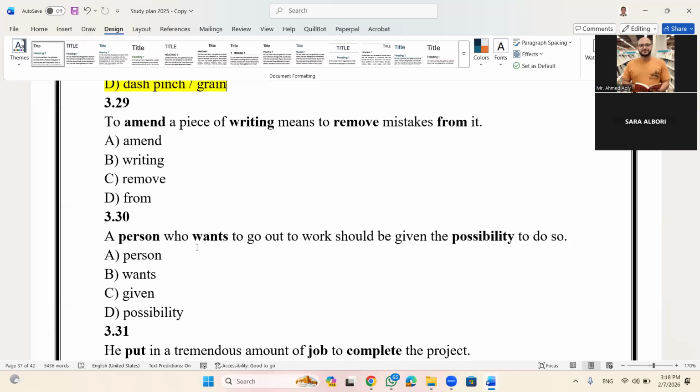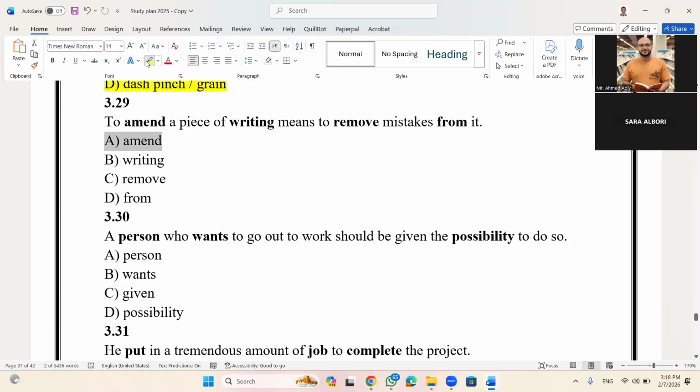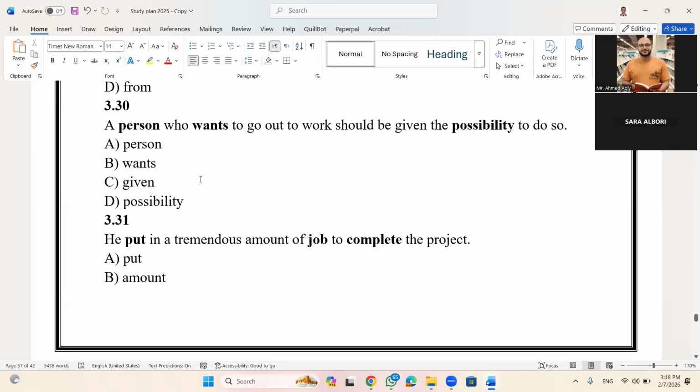We make a draft, and then we review, and then we edit, and then we proofread or publish. So amend a piece of writing, we don't amend it. We edit a piece of writing. Good. Next.